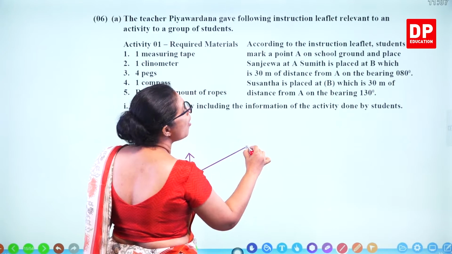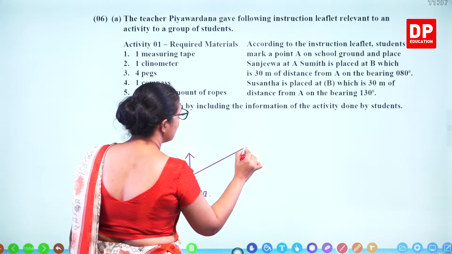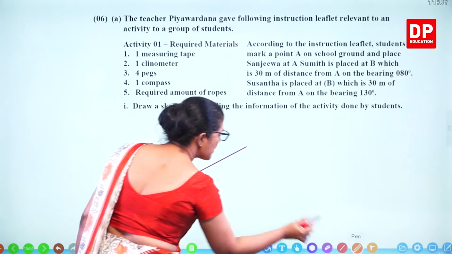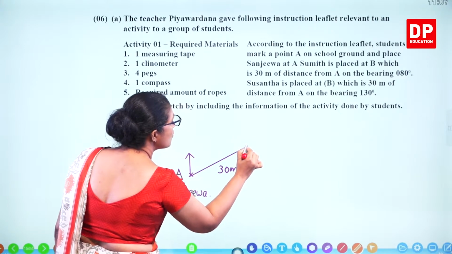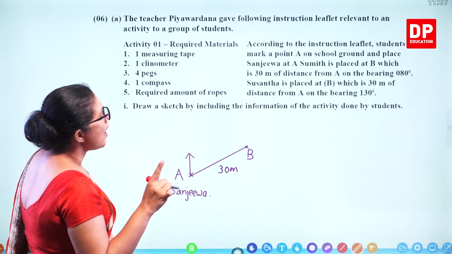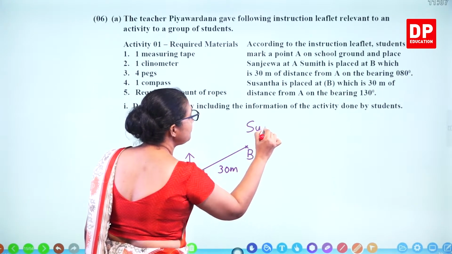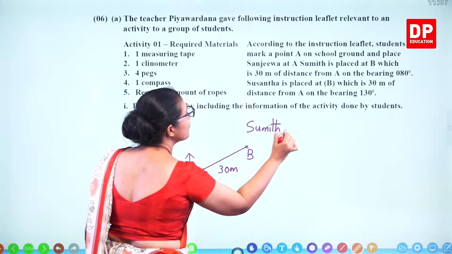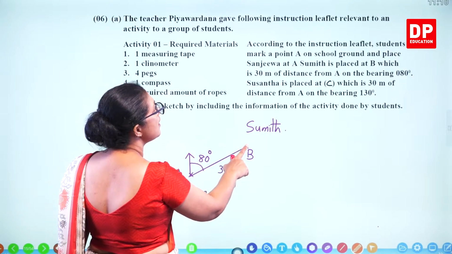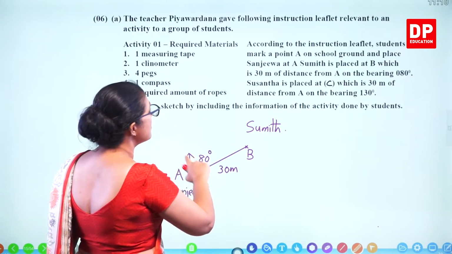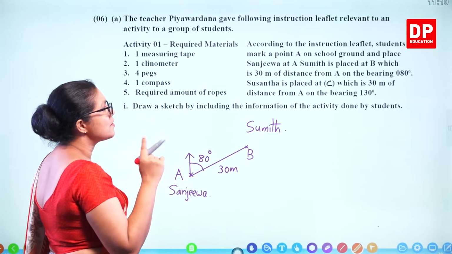So how many meters? So this is B. This is 30 meters. So at B, that's Sumit. That's 30 meters and 80 degrees from north.